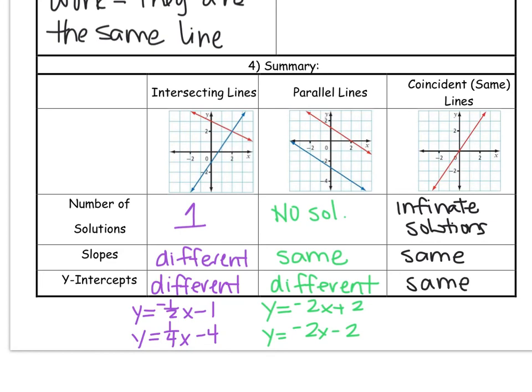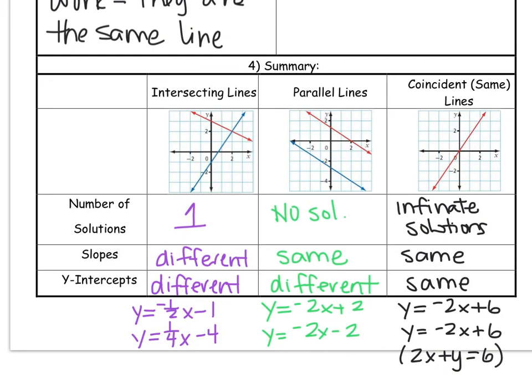In example 3, our lines were y equals -2x plus 6, and y equals -2x plus 6. The first one, keep in mind, was originally 2x plus y equals 6. These are the same equation.